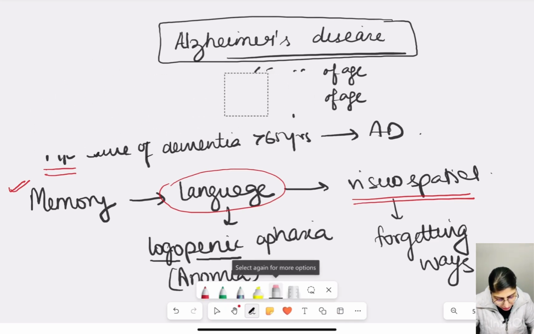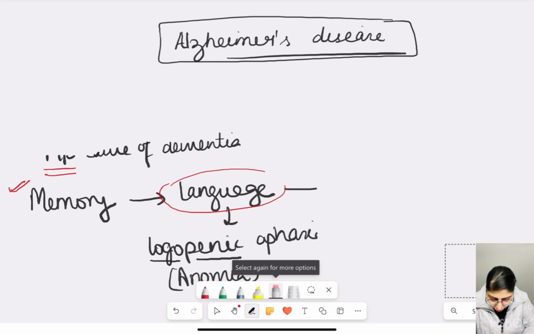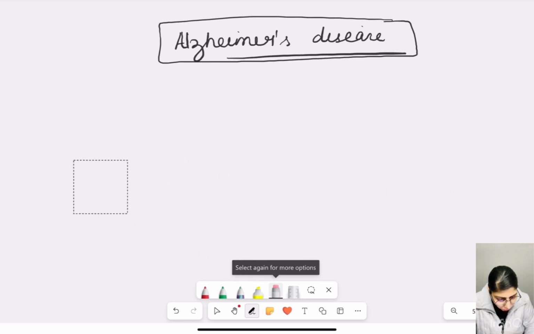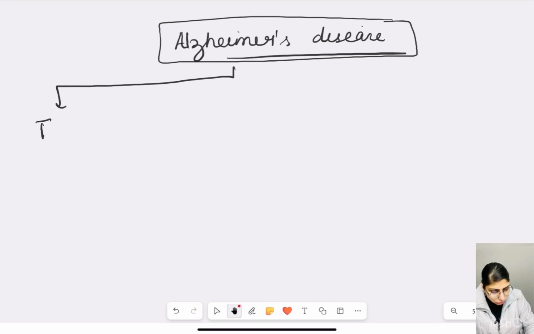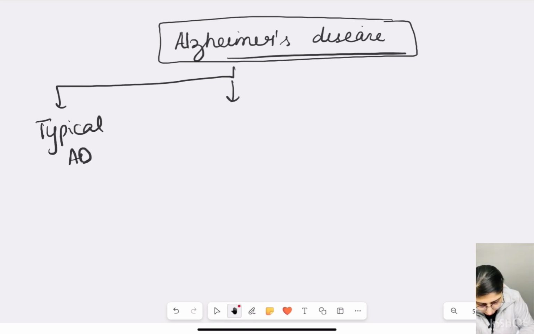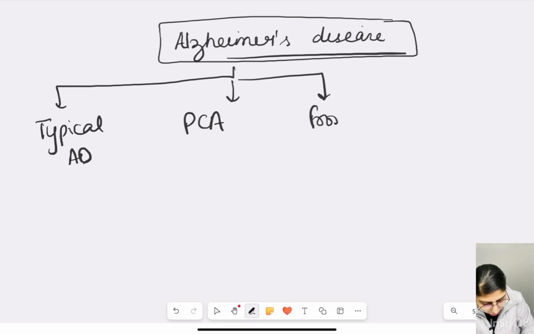Now, when we talk about Alzheimer's, we also have certain types of Alzheimer's. There's a typical AD. Then there is a posterior cortical atrophy variant.